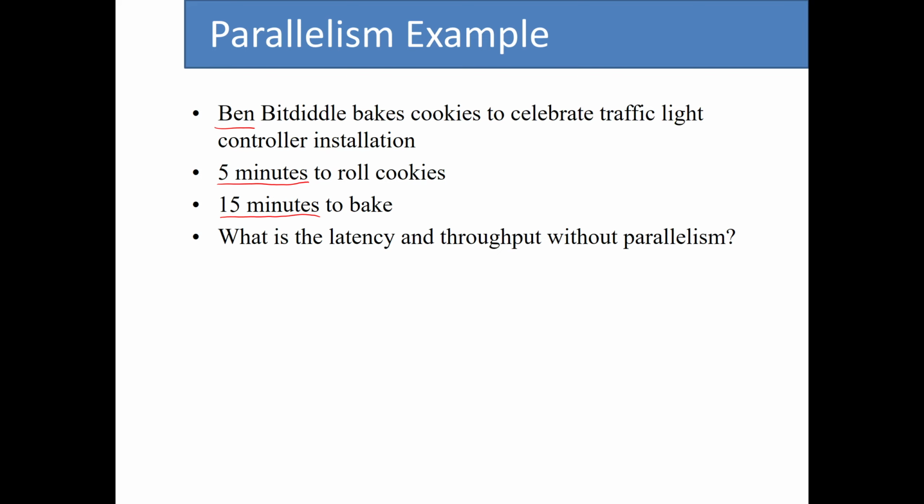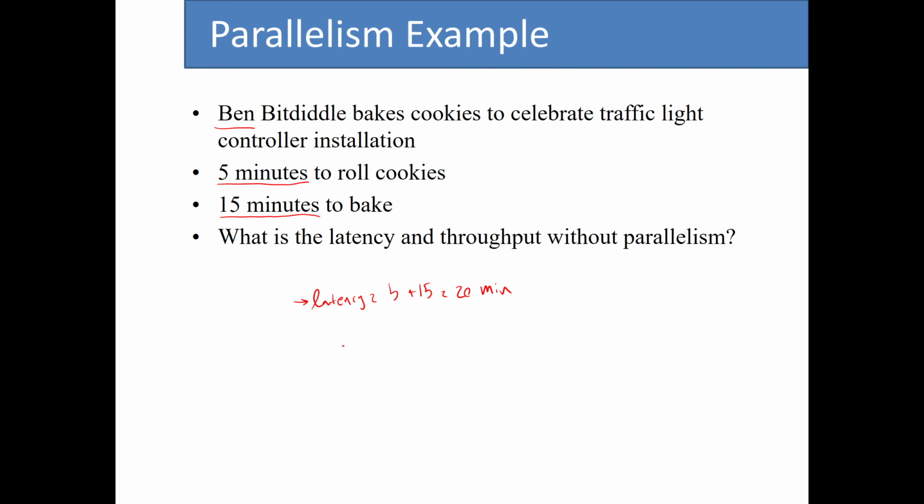Here our tokens are cookies, so it takes 5 minutes to roll and 15 minutes to bake. That means that the latency for each batch of cookies equals 5 plus 15, or 20 minutes. So this is the latency.